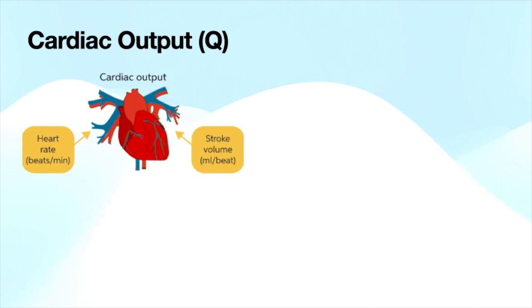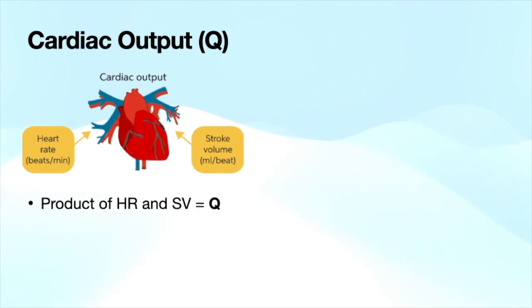Okay, now there's another response that we will look into. It's called the cardiac output, or Q. Cardiac output is the amount of blood the heart pumps out, and it's actually the product of your heart rate and your stroke volume. So Q is equal to HR times SV.